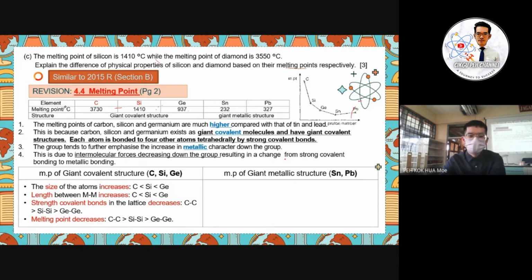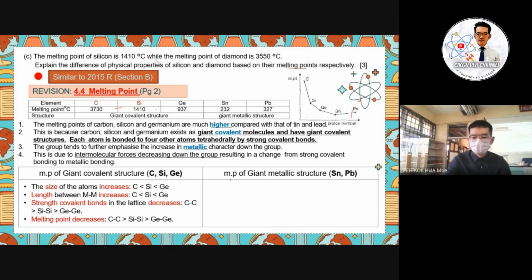If you discuss the covalent structures such as carbon, silicon, germanium, you have to discuss the size. The size of carbon is smaller than germanium, so the length of the M to M bond will be increased, the strength will be decreased, and the melting point will be decreased.